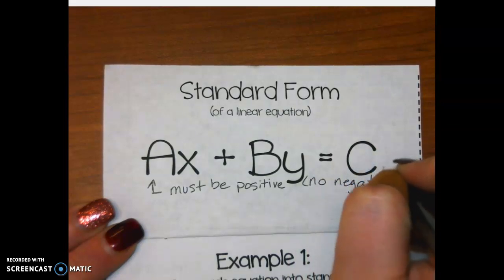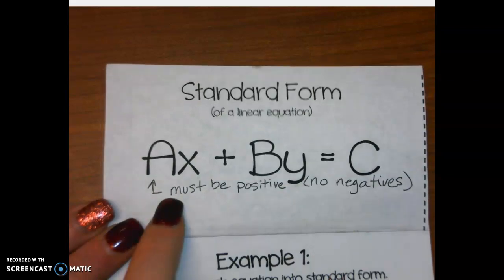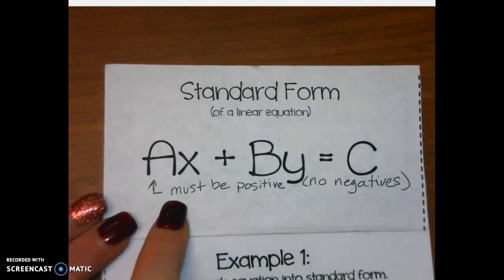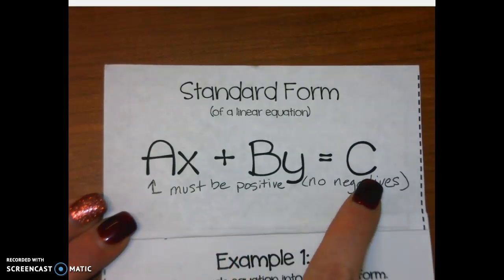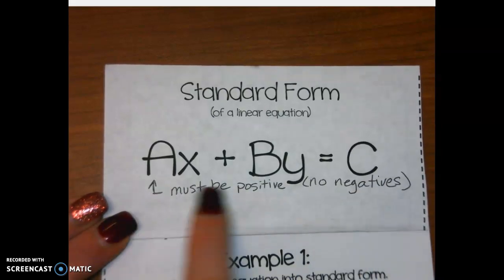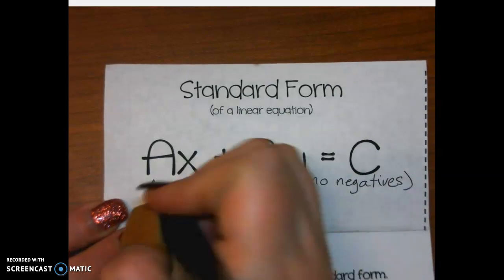No negatives. That only applies to A. B and C must be integers. So A also. So no fractions, decimals, any of that. Everything must be integers.